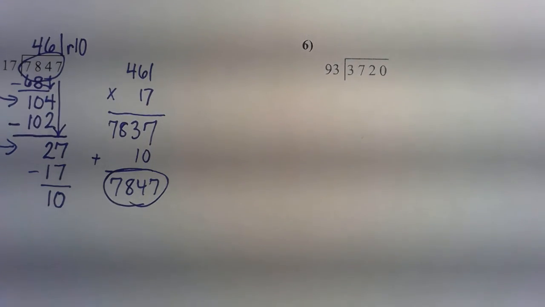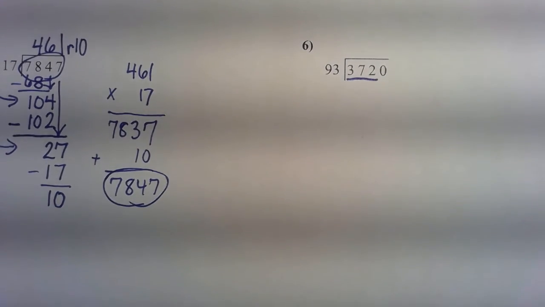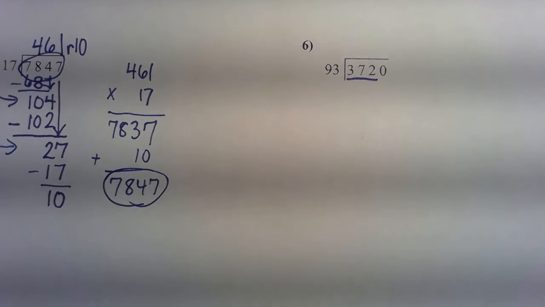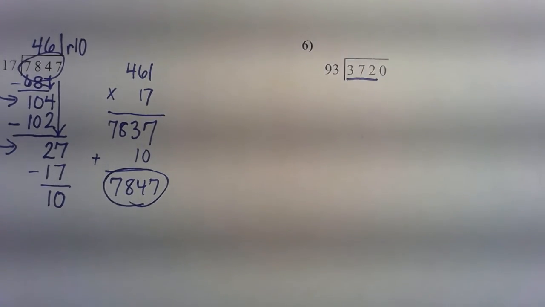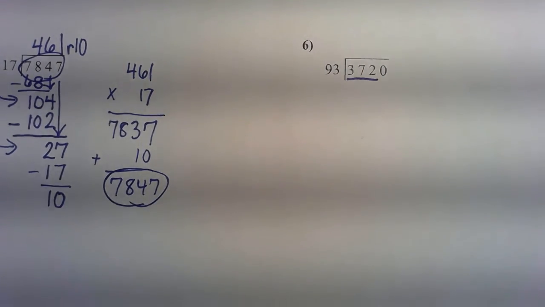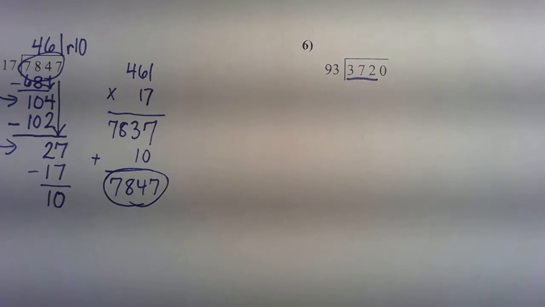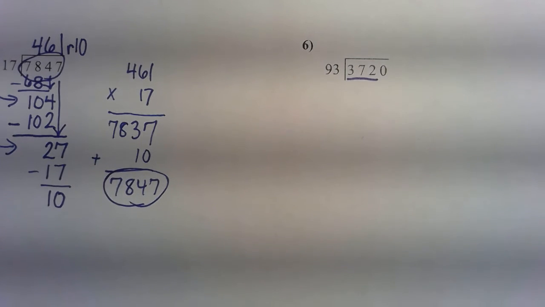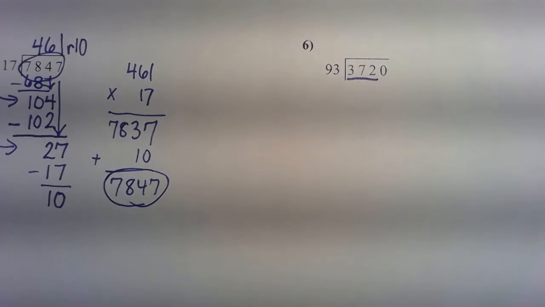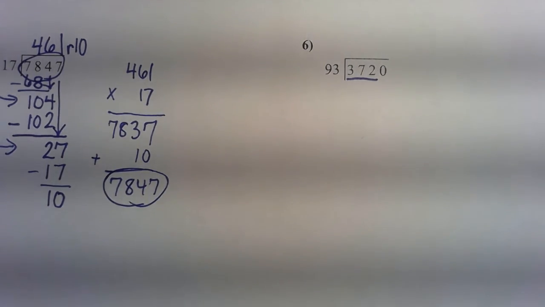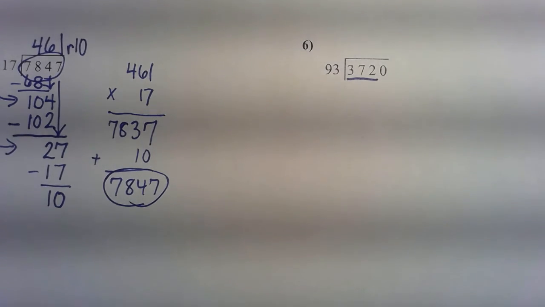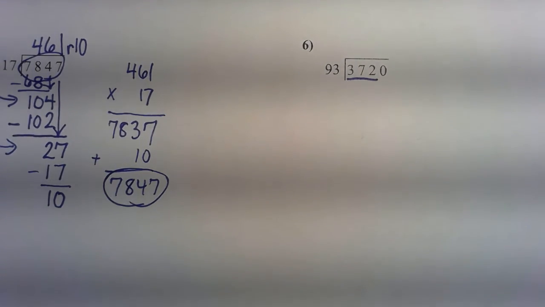93 can't go into 37, so yeah, put it in 2. Okay. So 93 times what? What do we want to say? Take a guess. 3. All right, so that's 279. No, I mean, that's under what we need. Why don't we try one more?